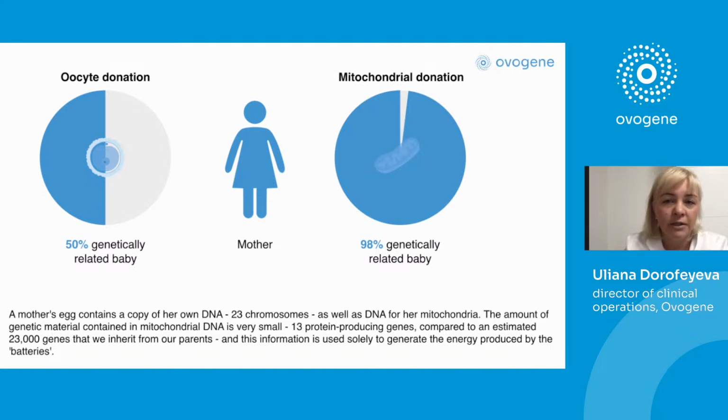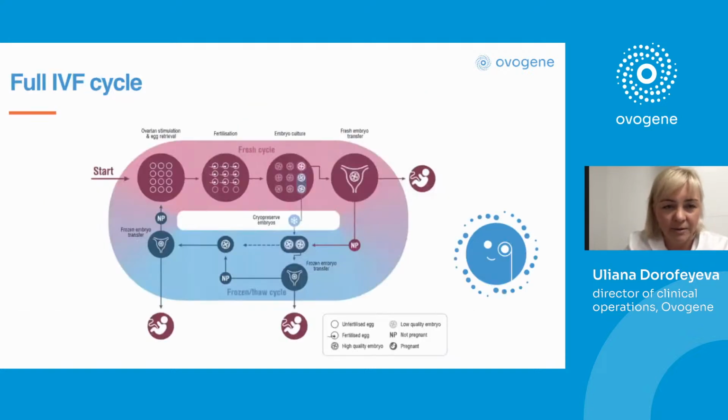While using mitochondrial donation, 98% genetically the baby is related to her parents, to mother and father, and only up to 2% of the DNA, coming from the mitochondrial DNA genes, which we were talking about at the beginning, 13 genes, is related to the donor. So that's really an alternative for those patients who would like to try to get their genetically related baby.